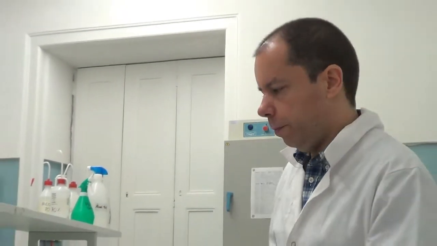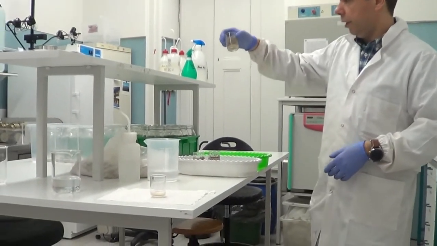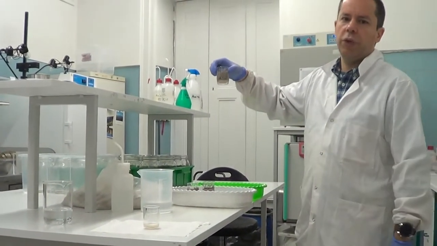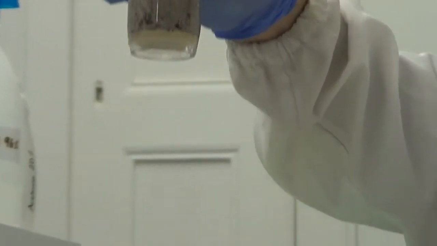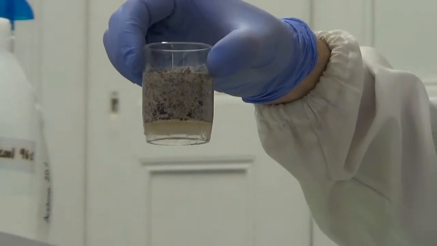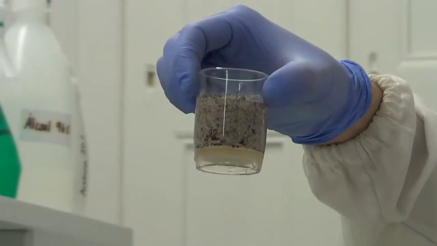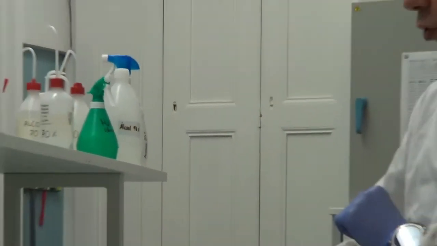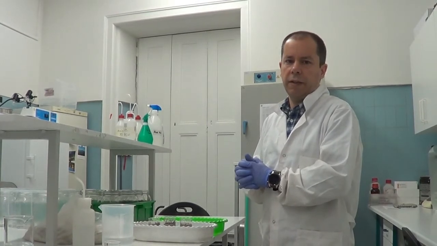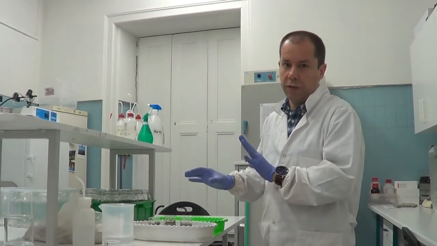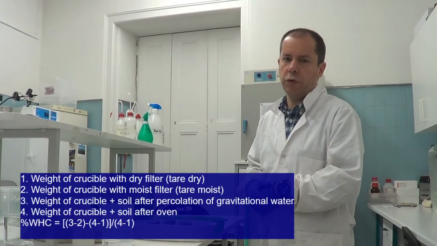The third value is the saturated soil after the first 3 hour period and the second 2 hour period, when we lose the gravitational fraction of water. And lastly, the dry soil after 12 hours in the oven at 105 degrees. These are the 4 values that we should note for each replicate.